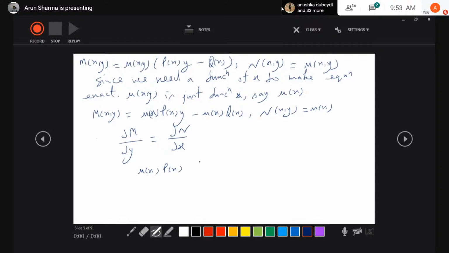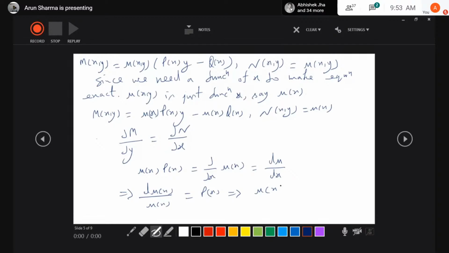So this is just mu x px, and del n upon del x is del upon del x of mu x, so I can say this is just d mu upon dx. So that means d mu x upon mu x is px dx.